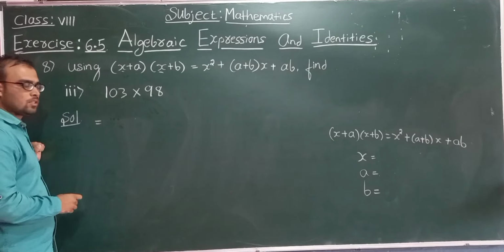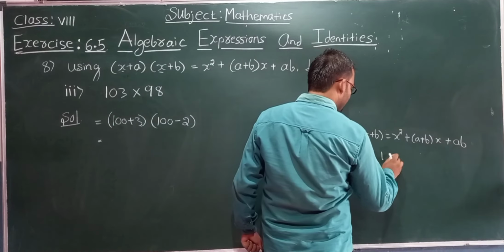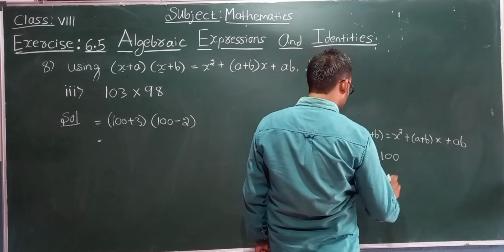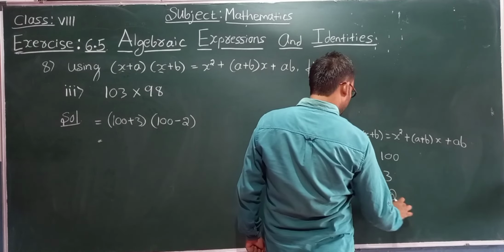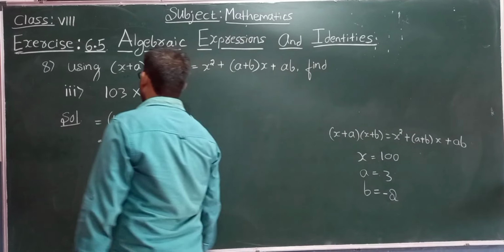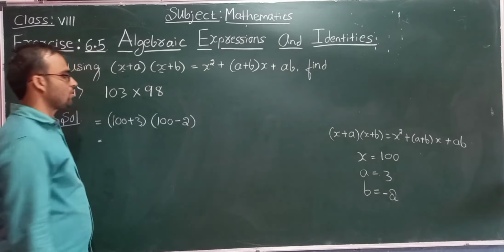Now we have converted this into x plus a into x plus b form. Students, look here, in place of x, it's 100, and in place of a, 3 is there. Next, in place of b, minus 2 is there.